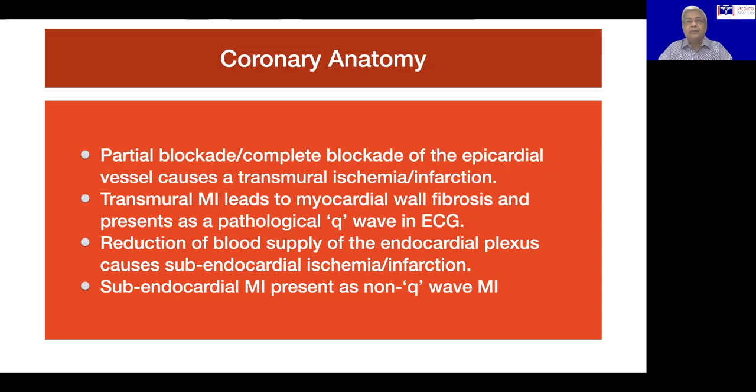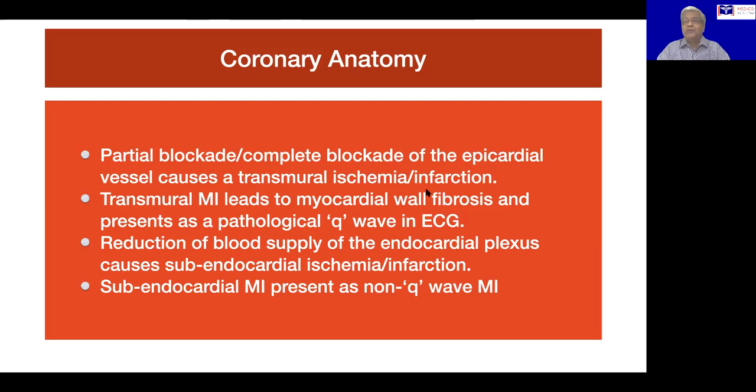In case of a partial or a complete blockade of the epicardial vessel, the patient can get transmural ischemia, or in case the blockade remains for a long time, it can also cause a transmural infarction. Transmural infarctions lead to myocardial wall fibrosis, and because of this fibrosis, these patients develop Q waves in the ECG.